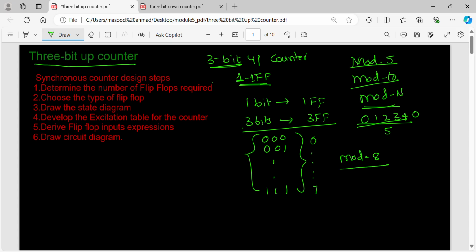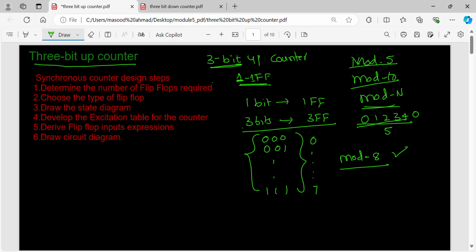A 3-bit counter is nothing but a mod 8 counter. Whether it is a 2-bit, 3-bit, 4-bit, or 5-bit counter, or mod n counter, the first thing we need to do in a synchronous counter design is find the number of flip-flops.